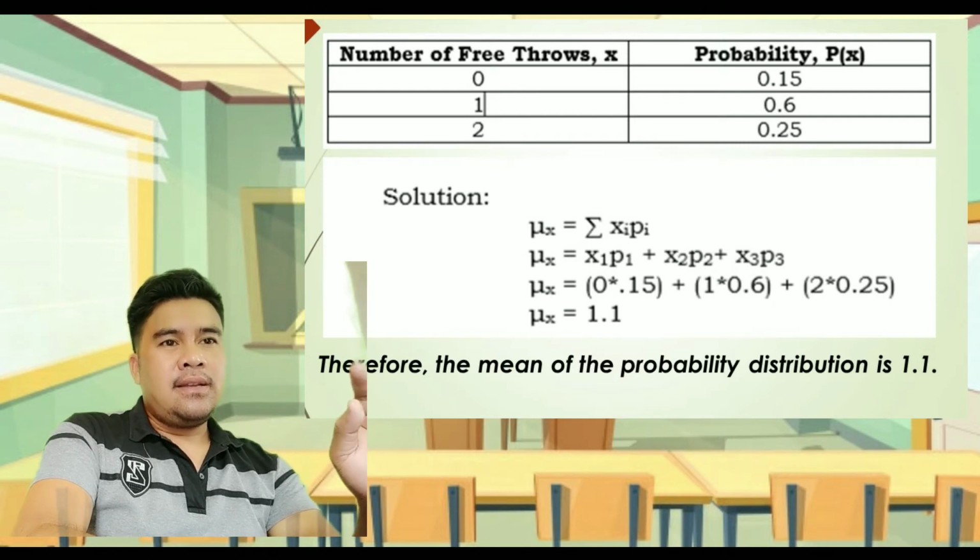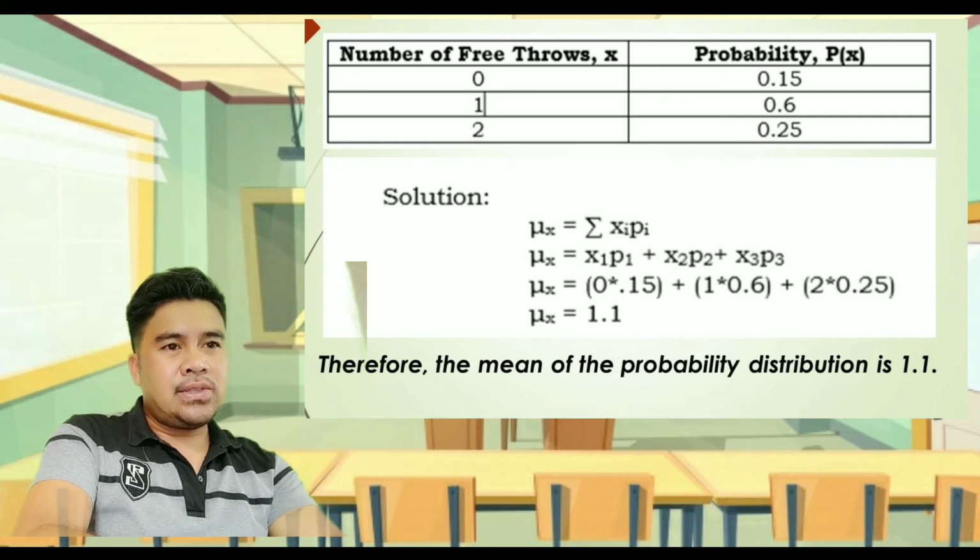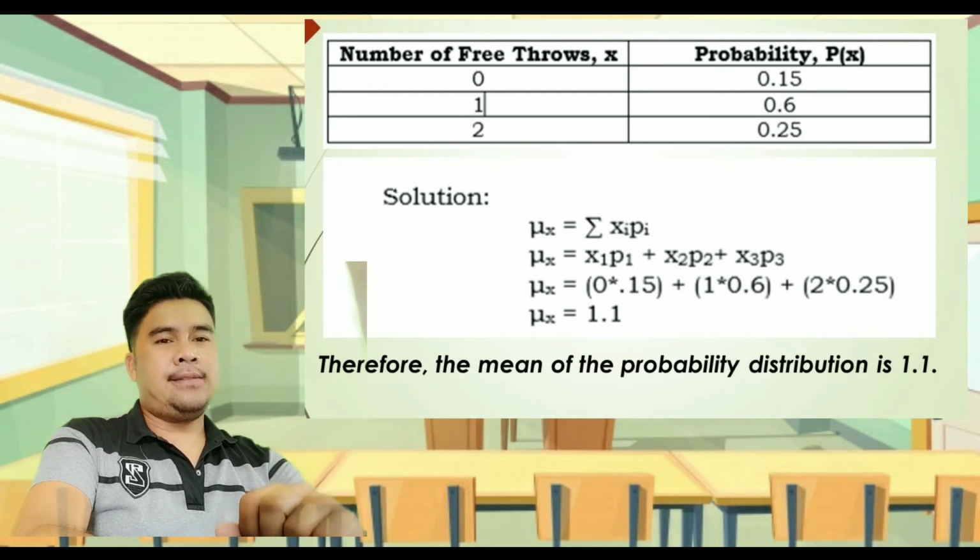Then using your scientific calculator or the application on your cellphone, just press equal. We will come up with 1.1. So the mean of the probability distribution is 1.1.